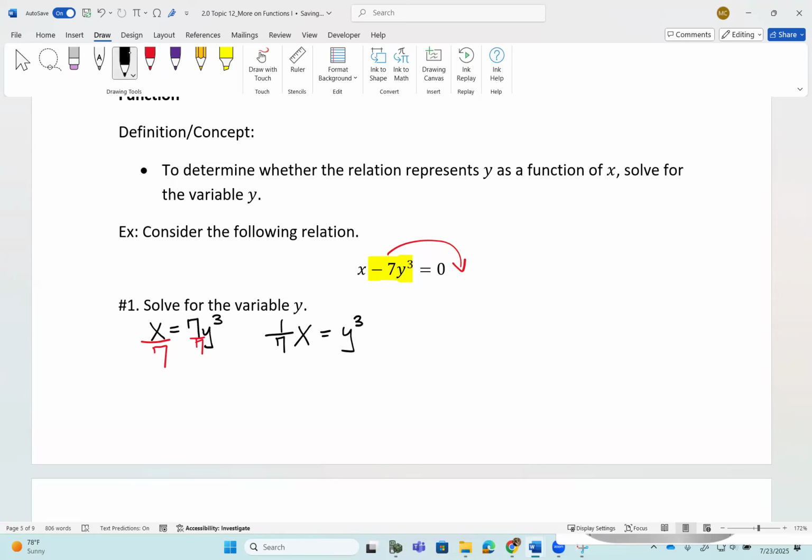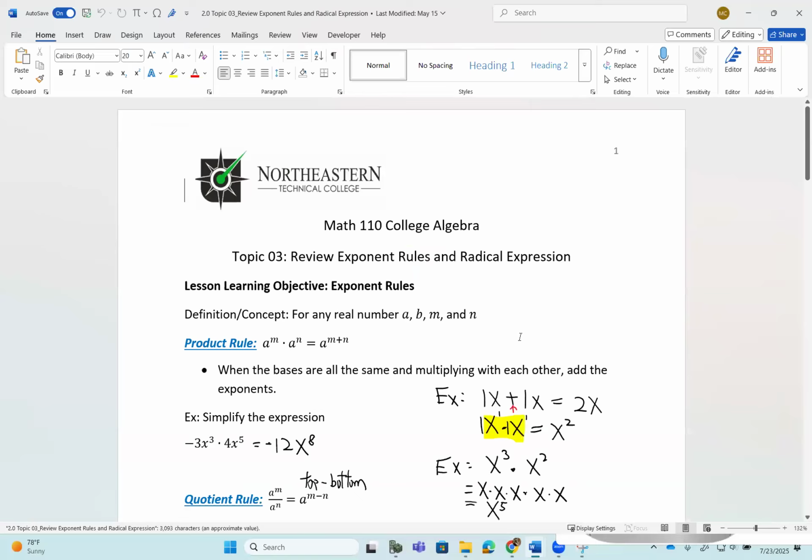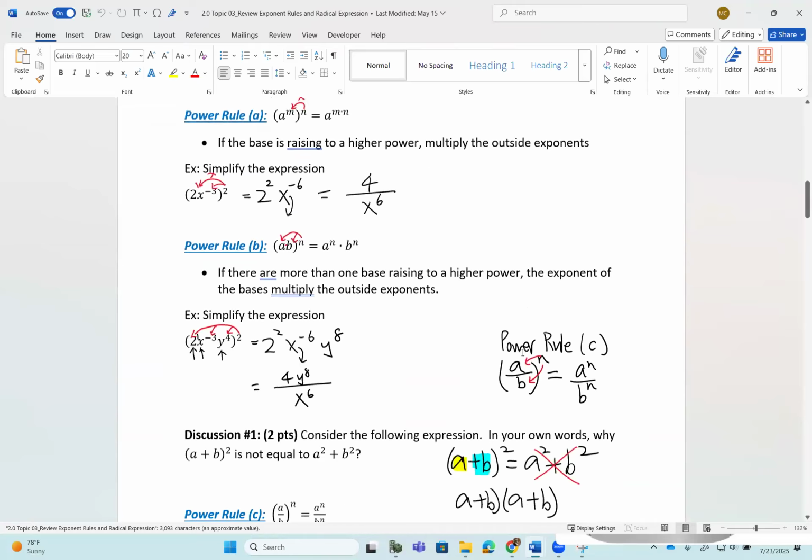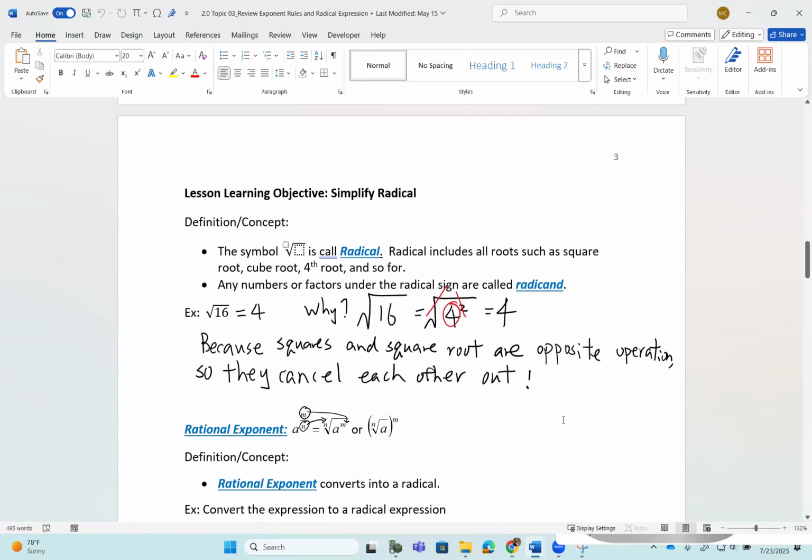So just like we mentioned before, when we talk about the exponent rules, topic number 3, squares and square roots are opposite operation. So they cancel each other out. So right now I have y to the third power.